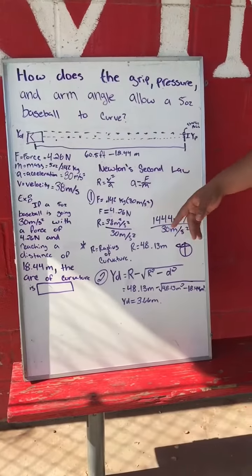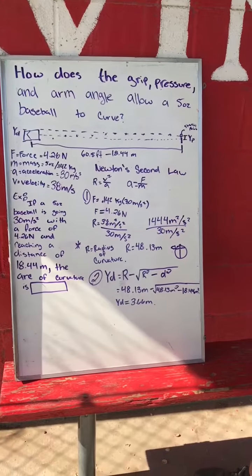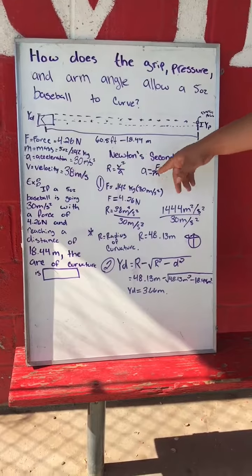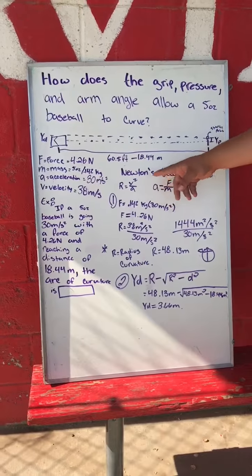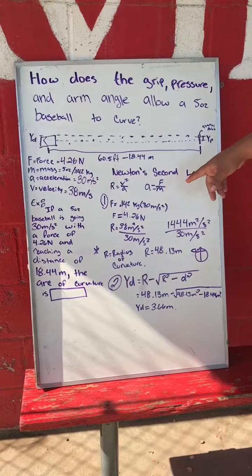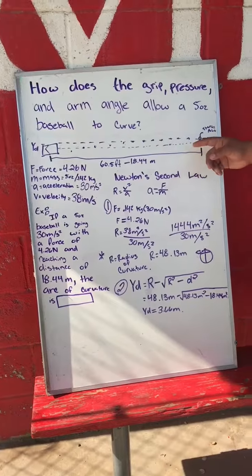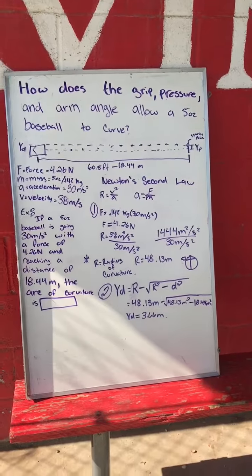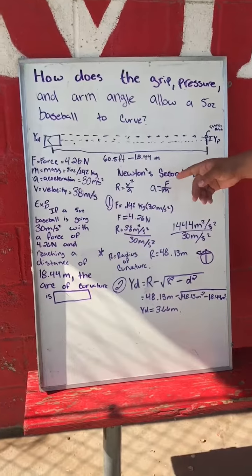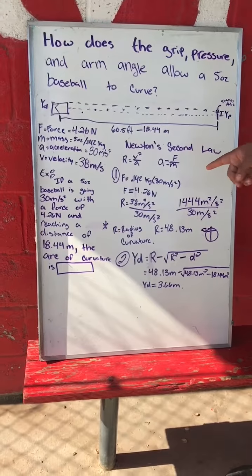To solve our example, we will have to use Newton's second law, which has two equations: r, the radius of curvature, equals velocity squared divided by acceleration, and the second equation being acceleration equals force divided by mass. We decided to find the value of force, since we already have the value of our mass and acceleration.